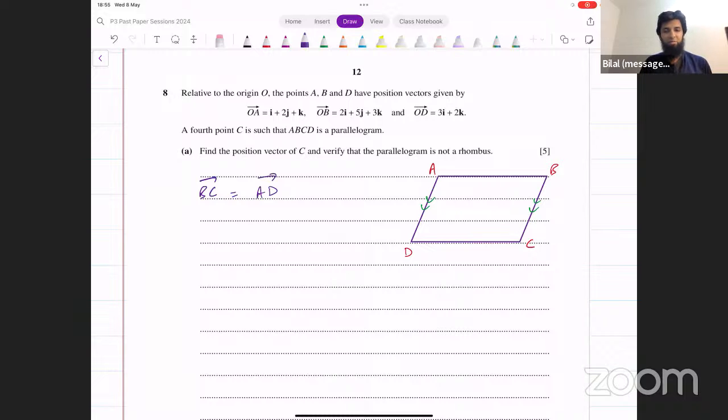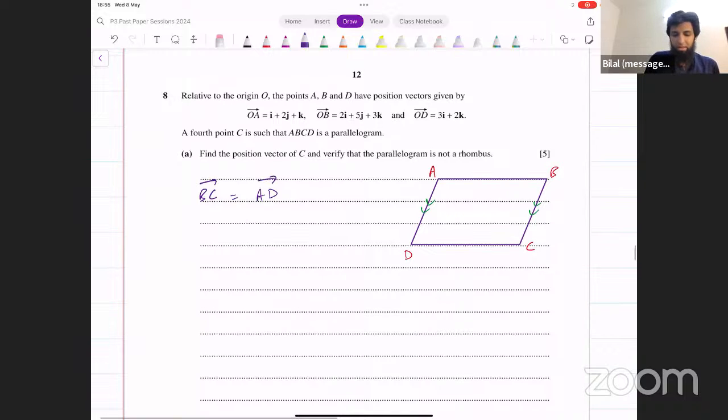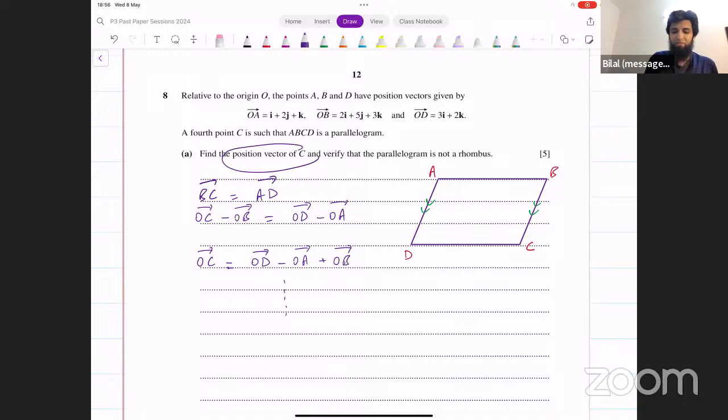These vectors are supposed to be equal to each other. Now, what's BC? BC is OC minus OB. AD is OD minus OA. And then OC will turn out to be OD minus OA plus OB. Just input values here, and you would get the position vector of C.